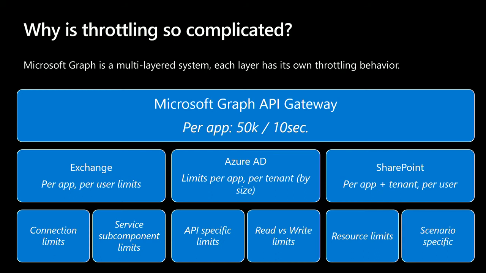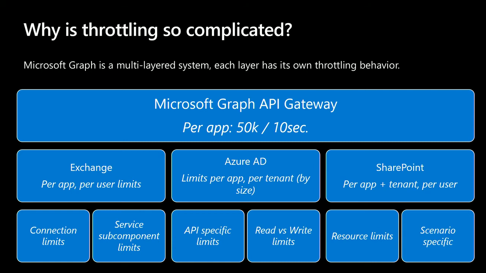Azure AD looks at app and tenant quotas, and it categorizes tenants into different sizes and is more generous for large ones and less generous for smaller ones. It has API-specific limits that vary greatly from a few seconds to a couple of minutes. And is very sensitive to writes, so write limits are typically very low. SharePoint has its own resource-based and scenario-based approach to throttling.